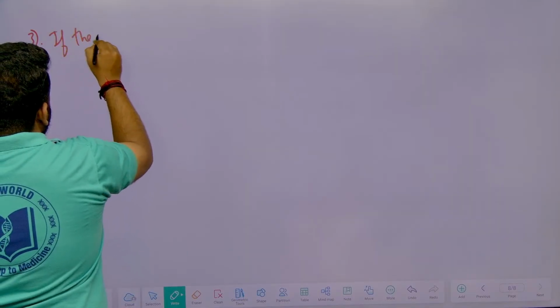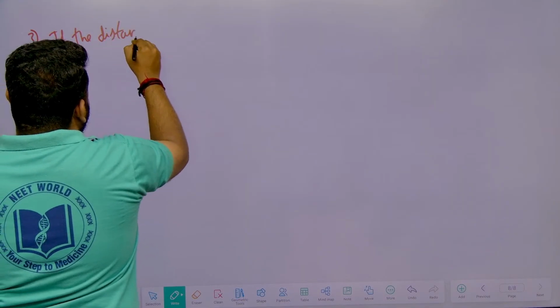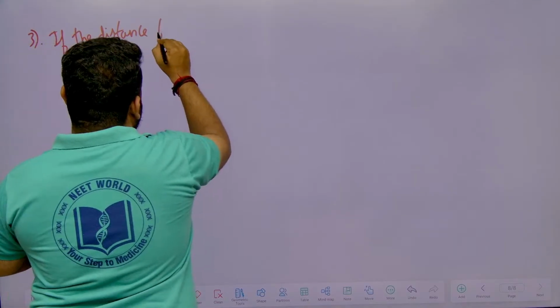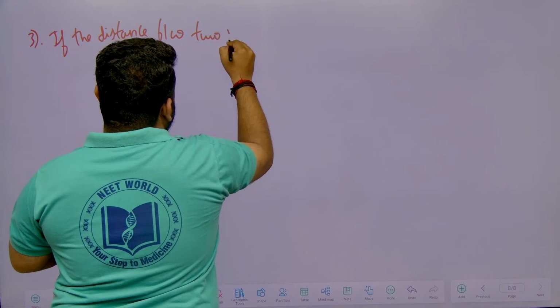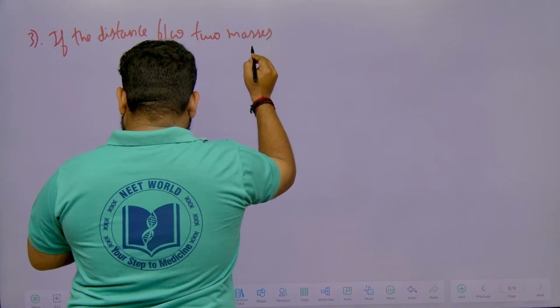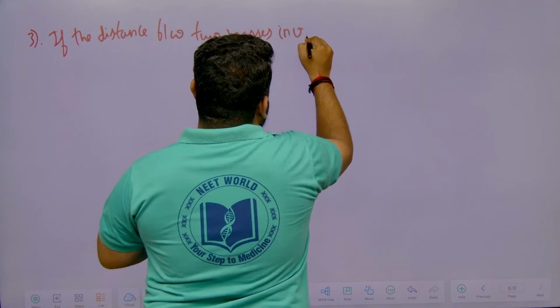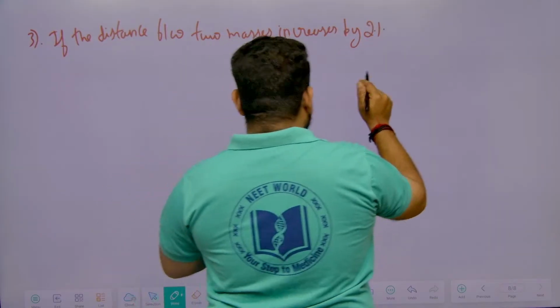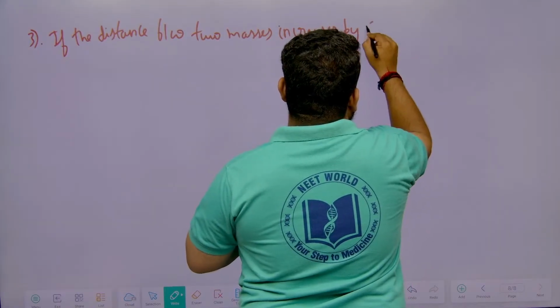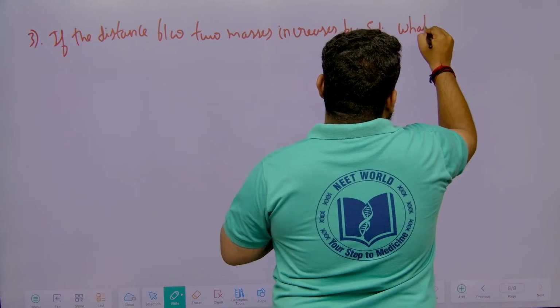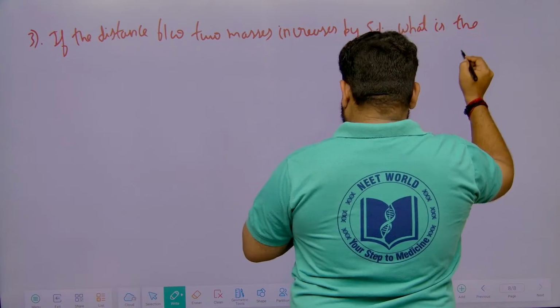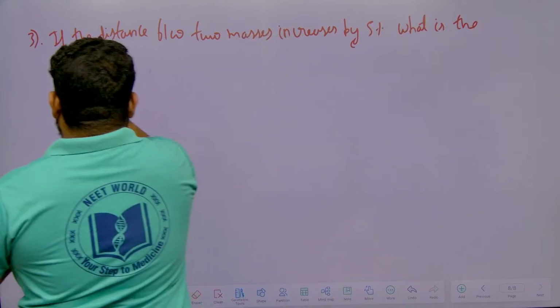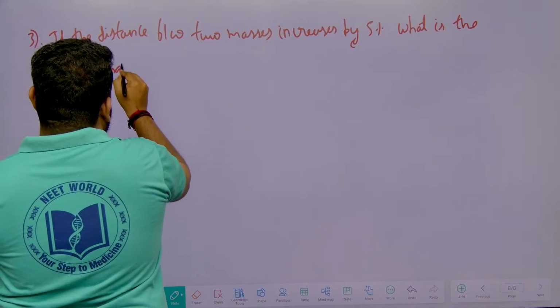If the distance between two masses increases by 2%, or we will write it as 5%, increases by 5%, what is the percentage change in gravitational force?